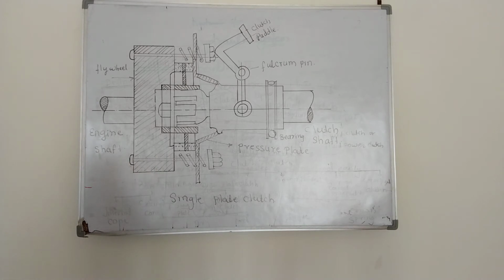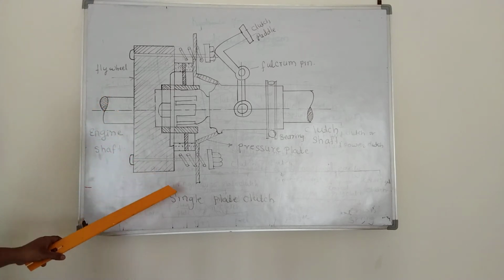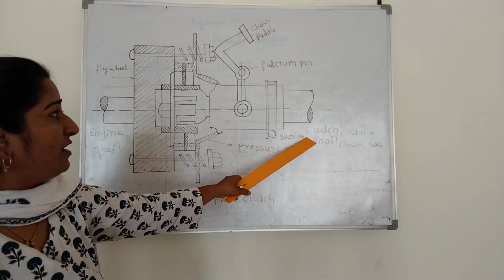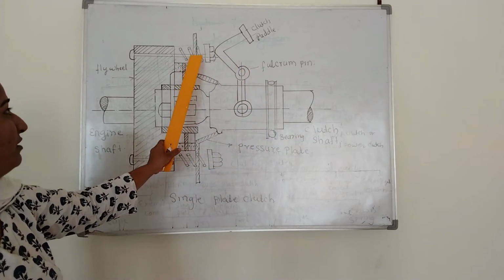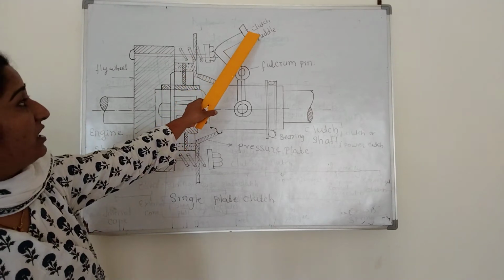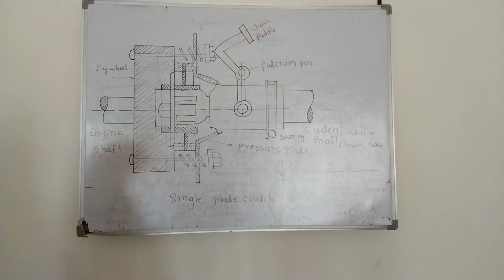The main components of the single plate clutch are the flywheel, engine shaft, pressure plate, bearing, clutch shaft, fulcrum pin, spring, nut, and the last one is the clutch pedal.